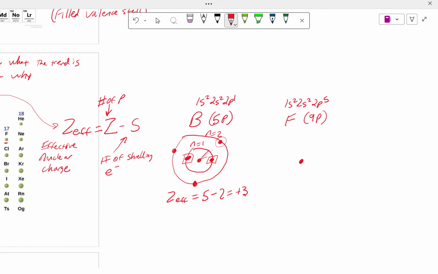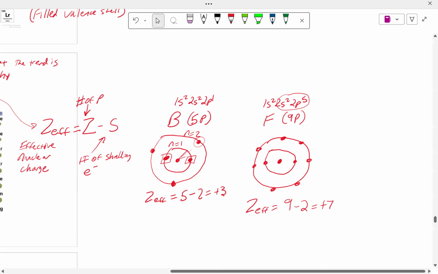We'll put our nucleus there, n equals 1 with 2 electrons, and then n equals 2 with all 7 of those. Just put them around there. And when we calculate the effective nuclear charge, there's 9 protons. Again, only 2 shielding electrons. So that effective charge is +7.